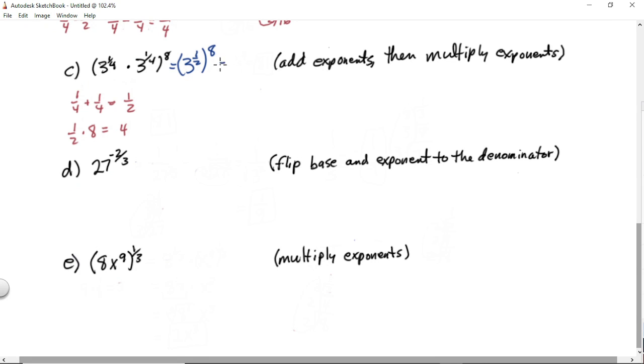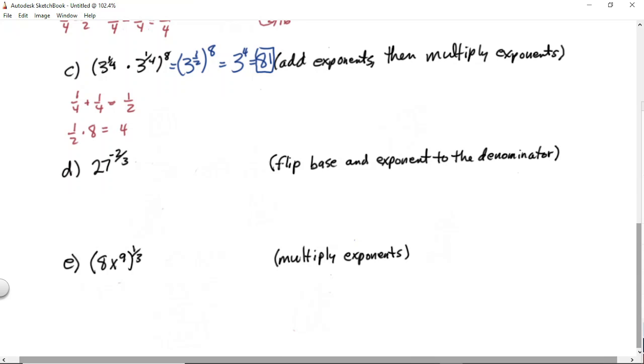So we have 4 is the exponent that we arrived at doing the exponent arithmetic. So that goes here. And now this time that is a whole number, so we don't have to put it in radical form. We just take 3 to the 4th power, 81.